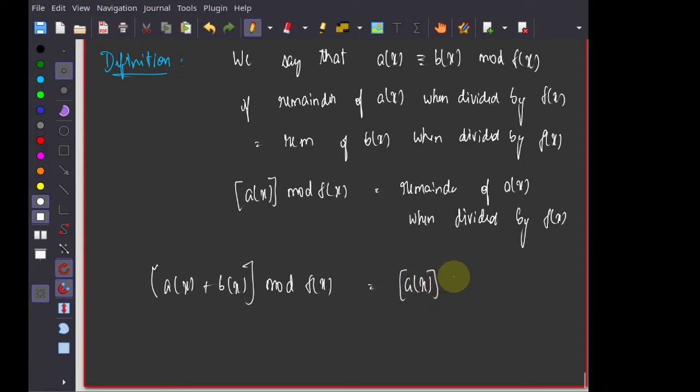But in fact, for polynomials, that won't happen, because the degrees of both a of x mod f of x and b of x mod f of x are strictly less than that of f of x. So the sum of the polynomials will be a polynomial of degree lower than that of f of x. But that's not true for, say, the integers. So we'll make use of this property shortly.